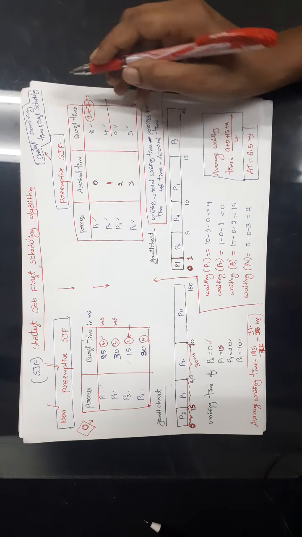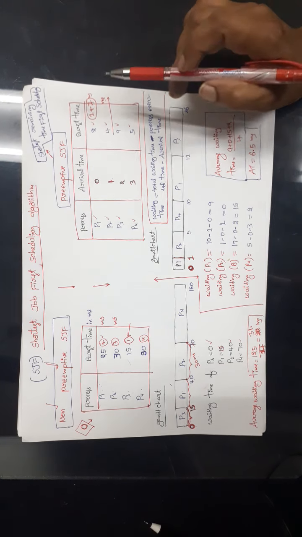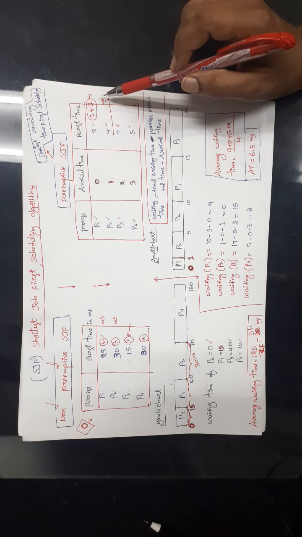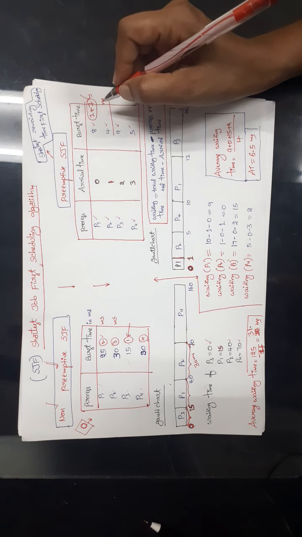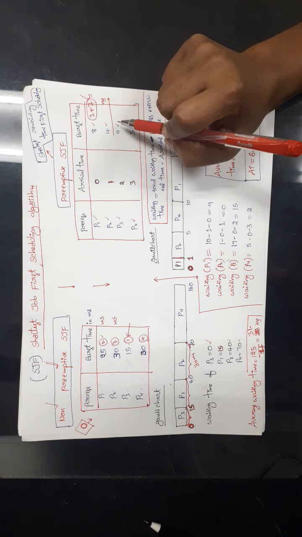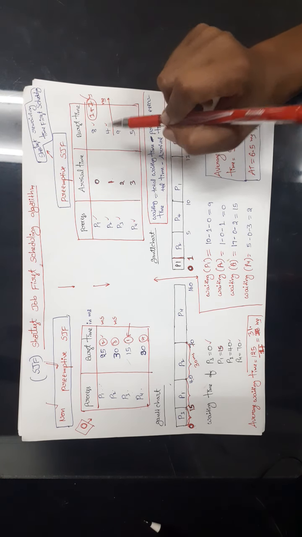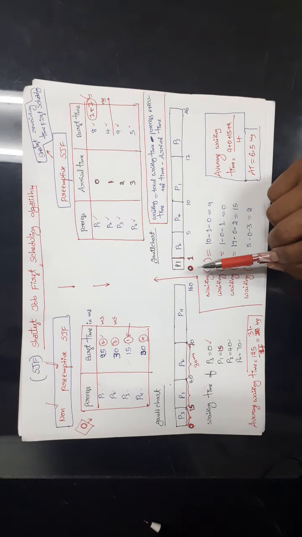And P2 requires 4 milliseconds. Here we are following shortest job first, right? So among these two, which one has the shortest burst time? First one has 7 milliseconds and second one has 4 milliseconds. So P2 has the shortest burst time, so we have to give CPU to P2. That means we need to take the CPU away from process P1.